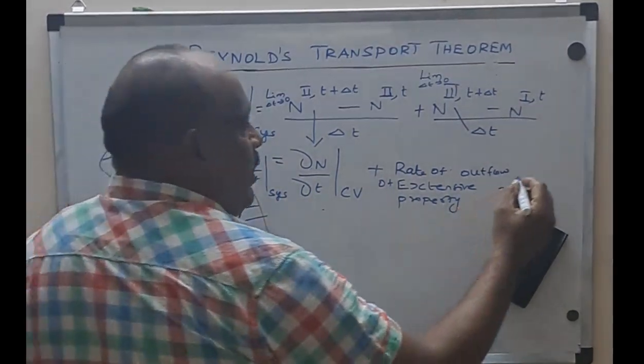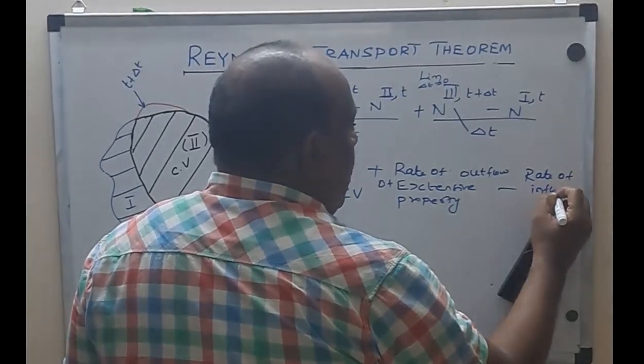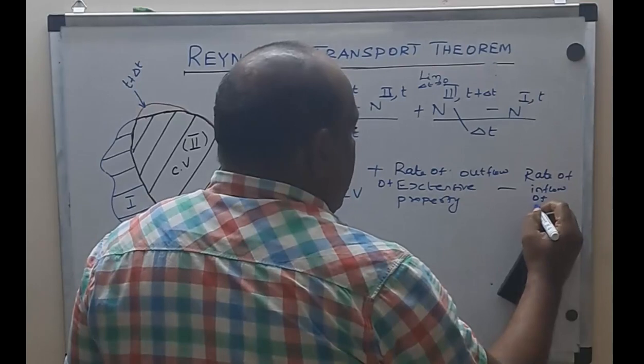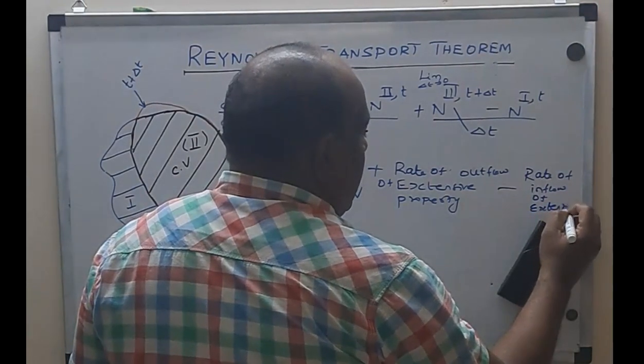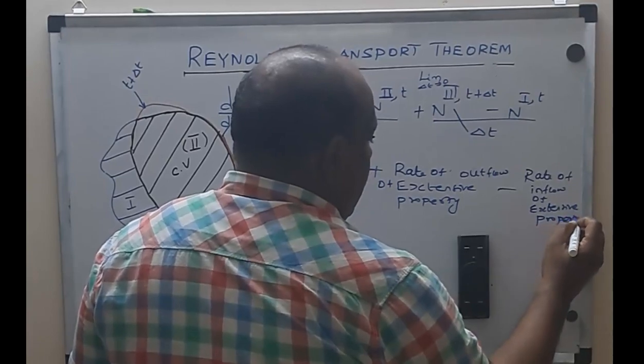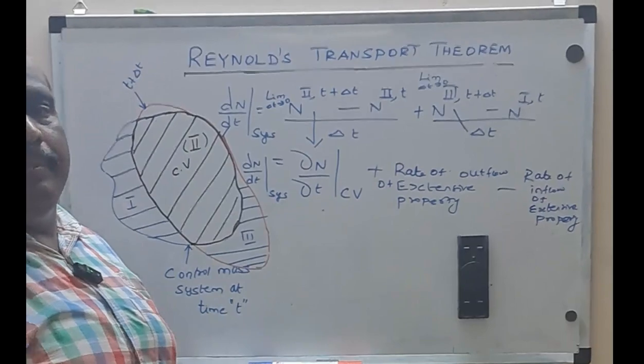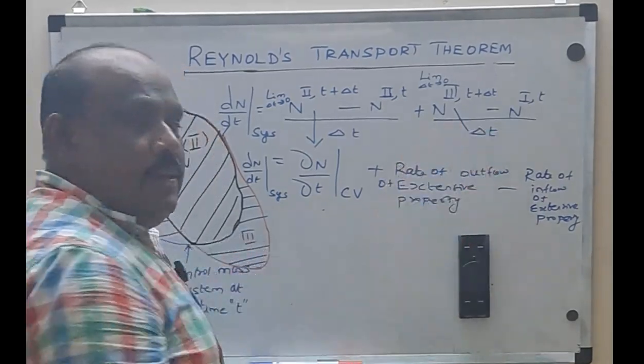So I can tell it is nothing but the rate of inflow of extensive property. So these two terms are there.